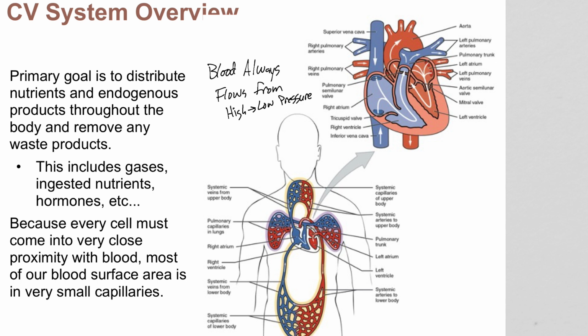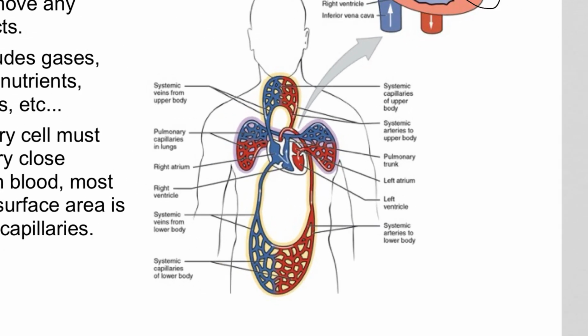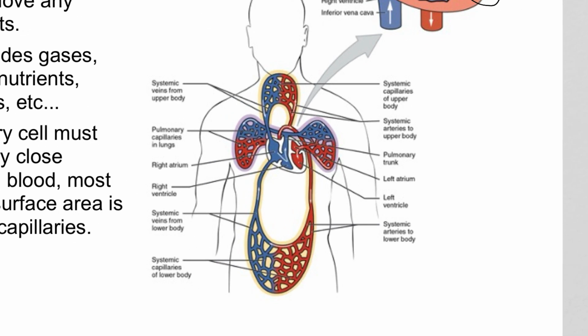And one of the first things you'll notice is the cardiovascular system is split into two separate circuits. The first of them, which we call the systemic circuit, is blood that's being pumped from the left side of the heart, going out the aorta. And the right side of the heart, this is the right ventricle, is pumping entirely to the lungs through the pulmonary circuit. In this illustration, which is obviously not anatomically accurate, this is showing you the pulmonary circuit.